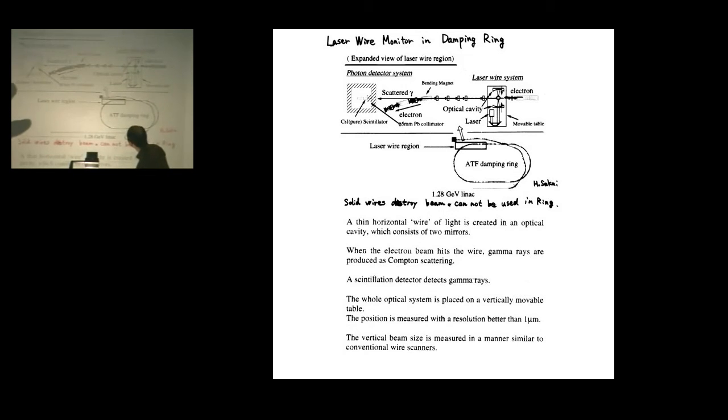But if you put a solid wire in a linear accelerator, then the wire will destroy the beam, or the beam will destroy the wire. Then we cannot use this solid wire, so we developed a laser wire monitor.